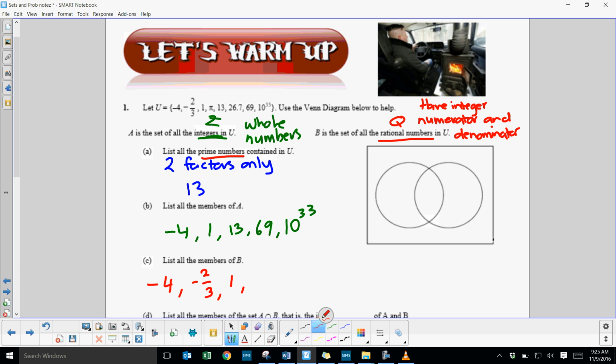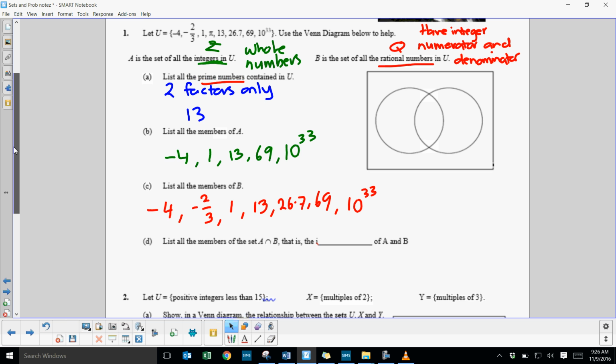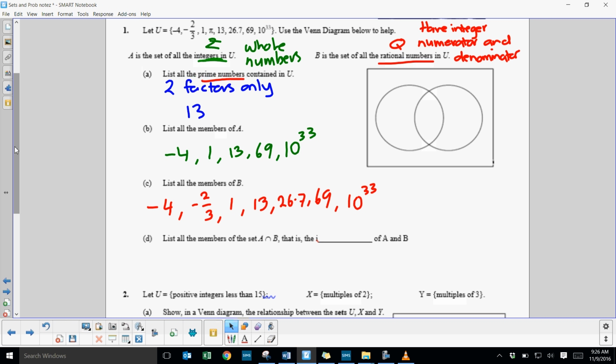Pi is irrational, so it's not going to be a rational number automatically. 13 is rational, 26.7 is rational, it's got a terminating decimal, 69 is rational, and 10 to the power of 33 is rational. So that's a pretty open set, and it includes all of the numbers in U, you might have noticed, except for pi, because pi is the only irrational number in that set.